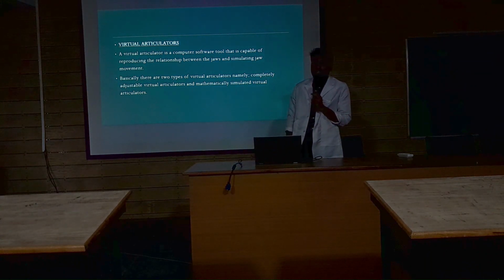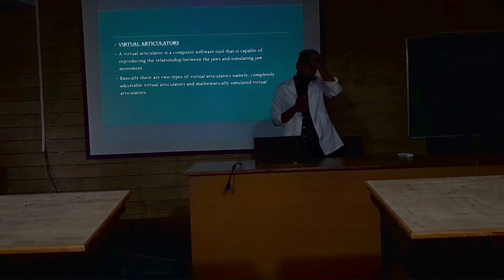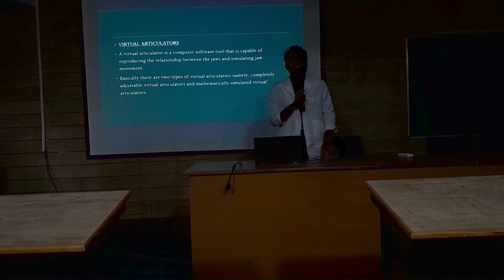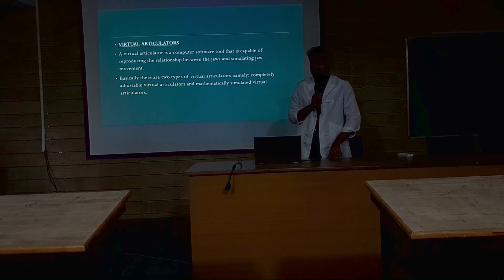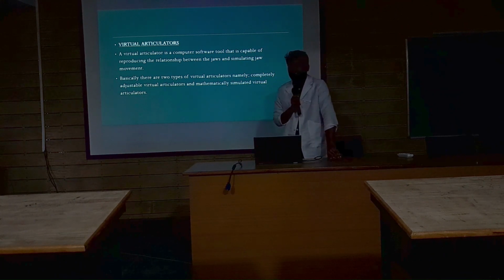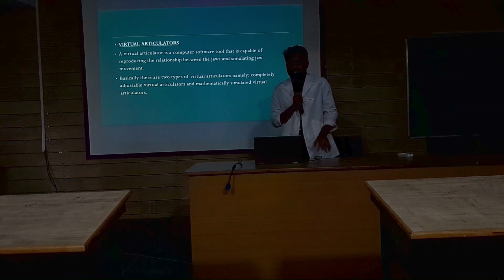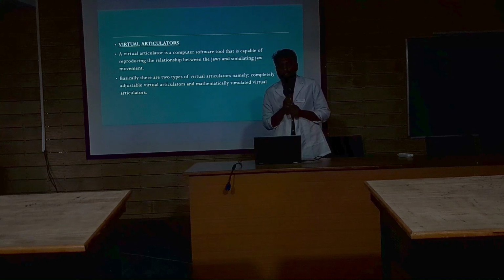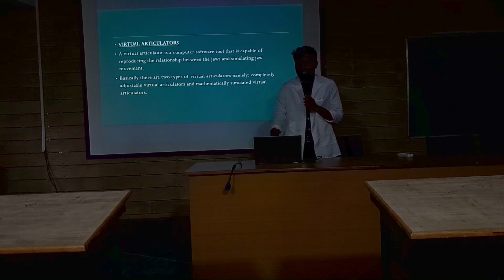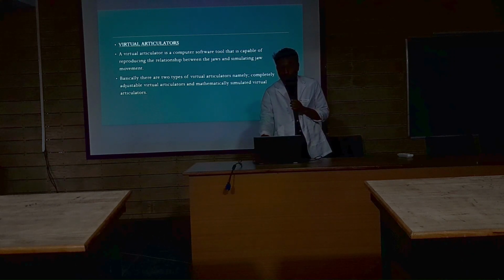Next we have virtual articulators. We all know what articulators are. Virtually, with the help of computer software, we can create an articulator. We can select what type of articulator we need, and it helps in reproducing the relationship between the jaws and simulating jaw movements.